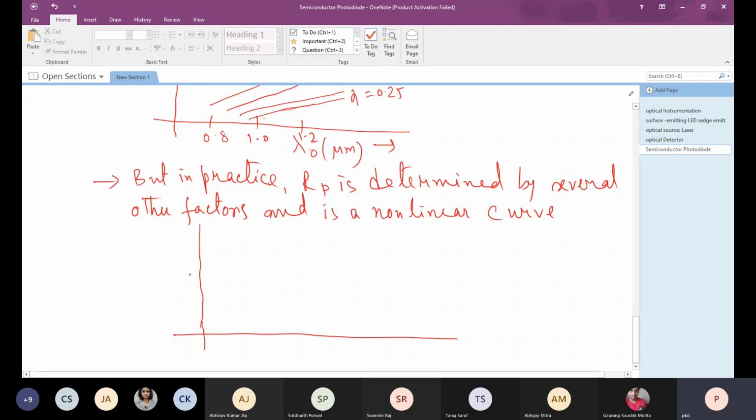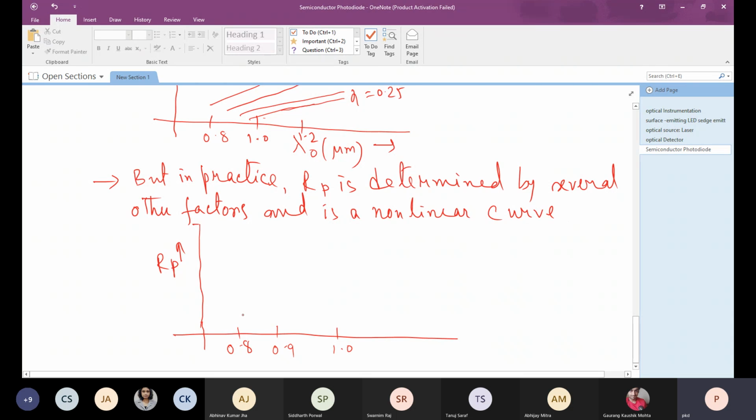Typically, for gallium arsenide based devices, responsivity can start from 0.7 in the near infrared zone.